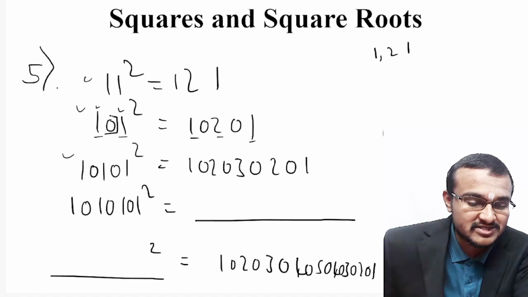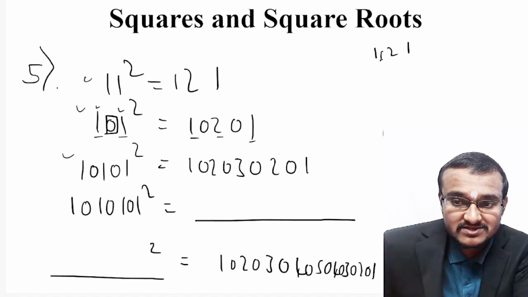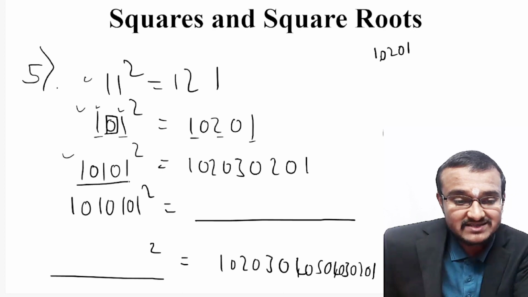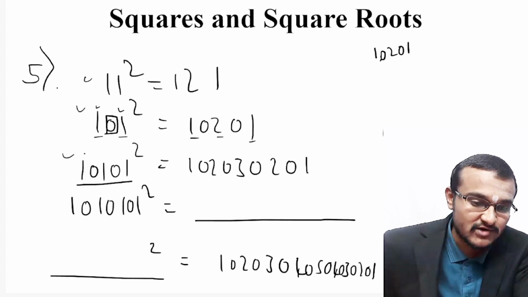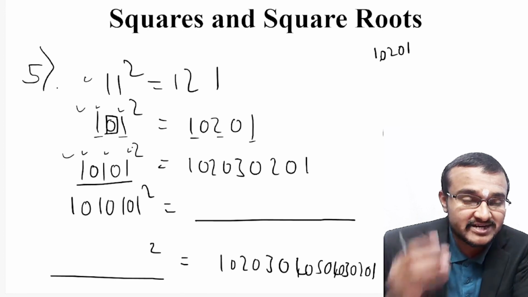Here one 0 is there in between these two ones, so they are putting 0 here and 0 here. So alternatively they are putting zeros. When you look at this third pattern, here also they have followed the same logic. 1 is there, 1 is there, 1 is there. So 3 ones are there.